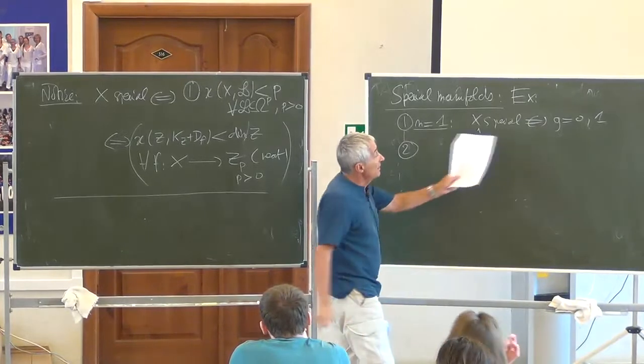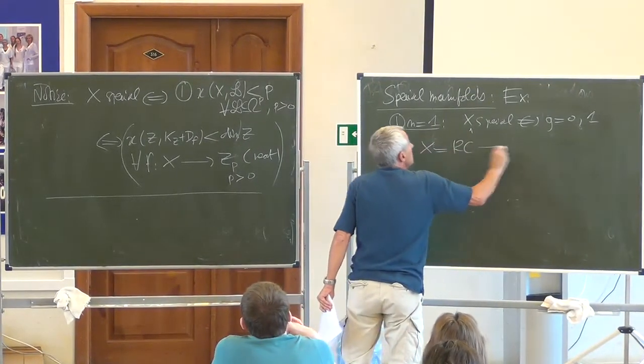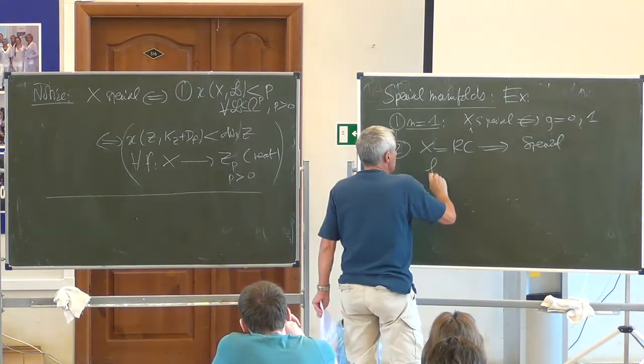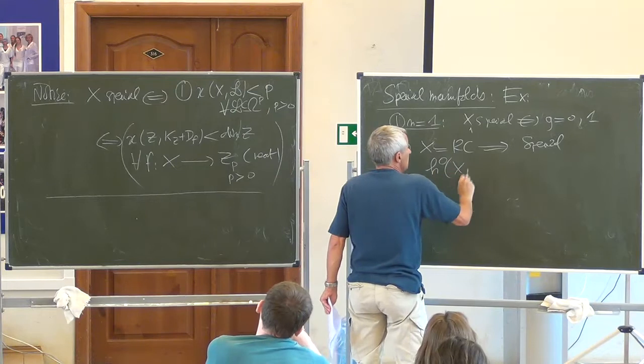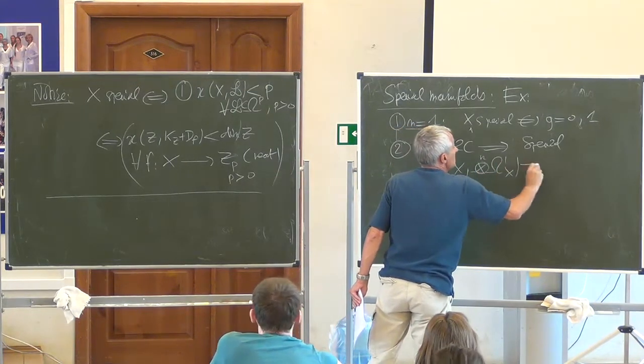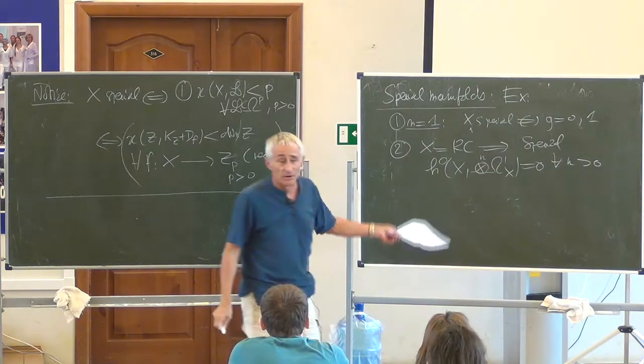So we have an immediate generalization. X rationally connected implies special. And this is very obvious because we have a much stronger thing in this case: that the tensor power of Ω^1 of X has no sections, for any n positive. So this is very obvious.